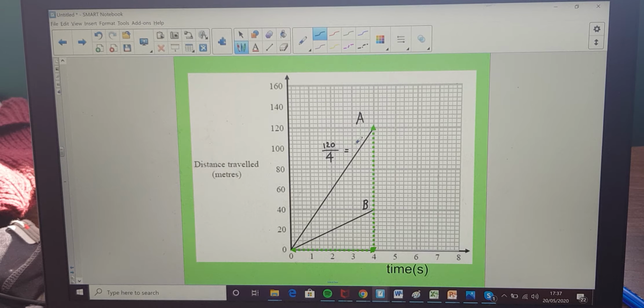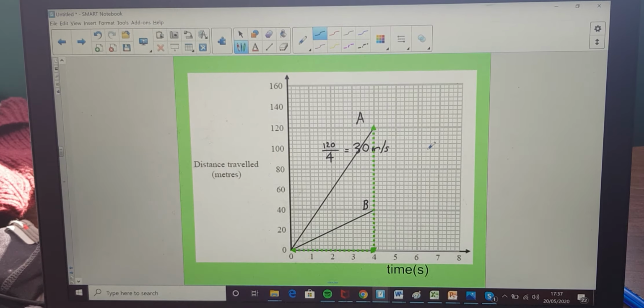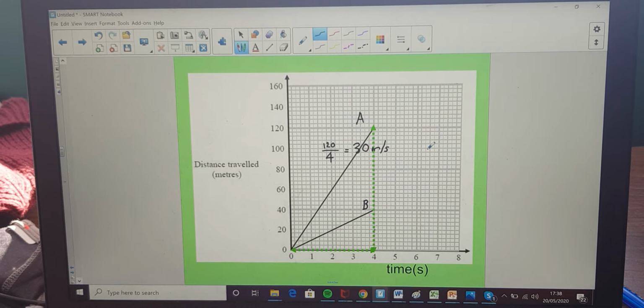I therefore know that my speed is 30 meters, because this is in meters, per second. Pretty quick if you think about it. It's saying for every second that passes, 30 meters has been travelled.